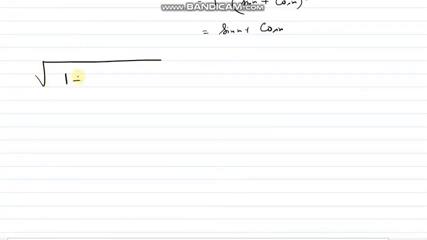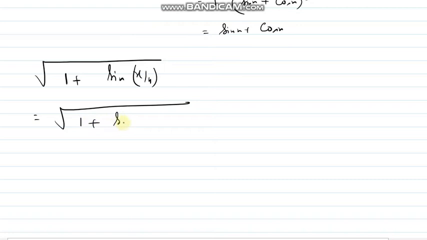Root over of 1 plus sin x divided by 4. So I am going to write it as 1 plus sin 2x divided by 8. I have to create the formula of sin 2 theta, then only I can apply.